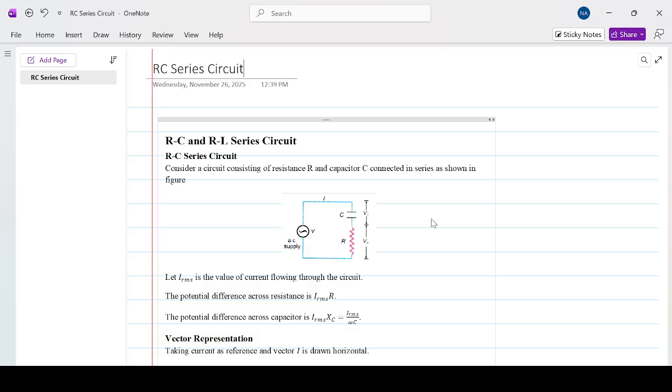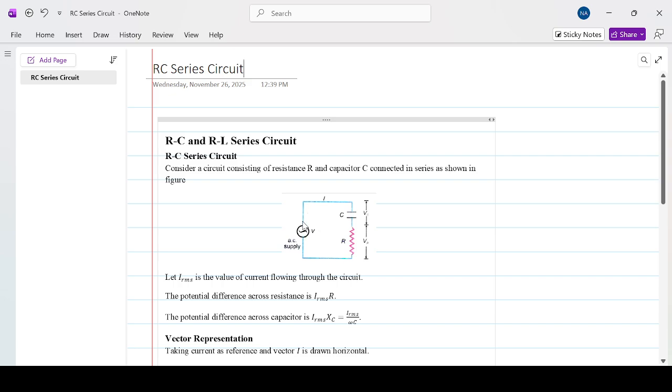Here we consider a circuit consisting of resistance R and capacitor C connected in series as shown in the figure. Here is the figure where we see that there is a capacitor and there is a resistor, and also here is an AC power supply, meaning an alternating voltage source is applied.